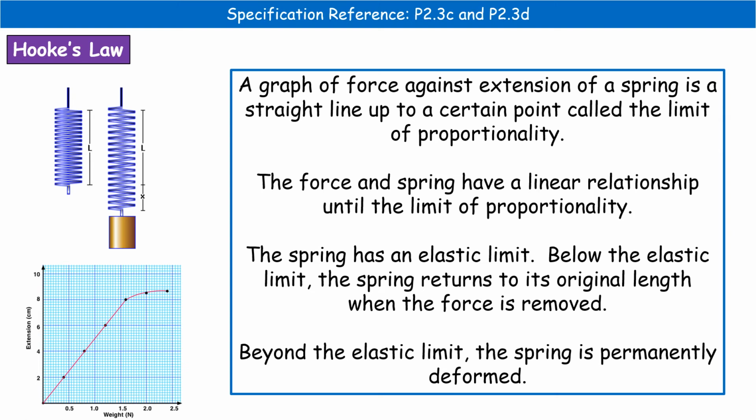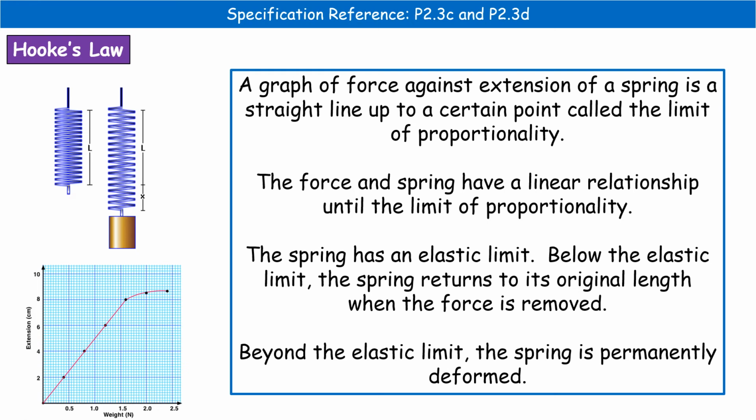That's because as we add a particular weight onto our spring, the extension will always be the same. So at that stage, that first little straight line part of our graph is a linear relationship. And it continues in that linear relationship until we get to this point called the limit of proportionality.